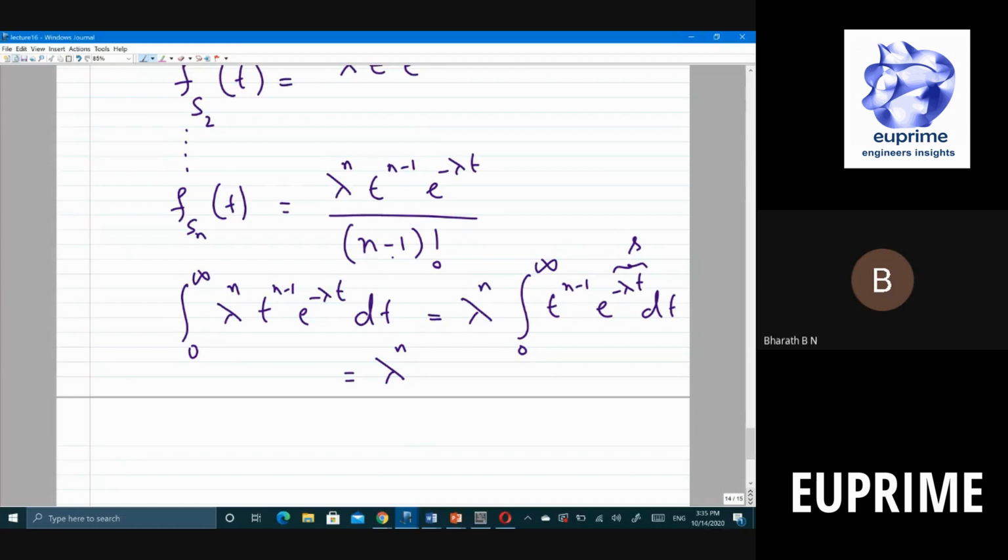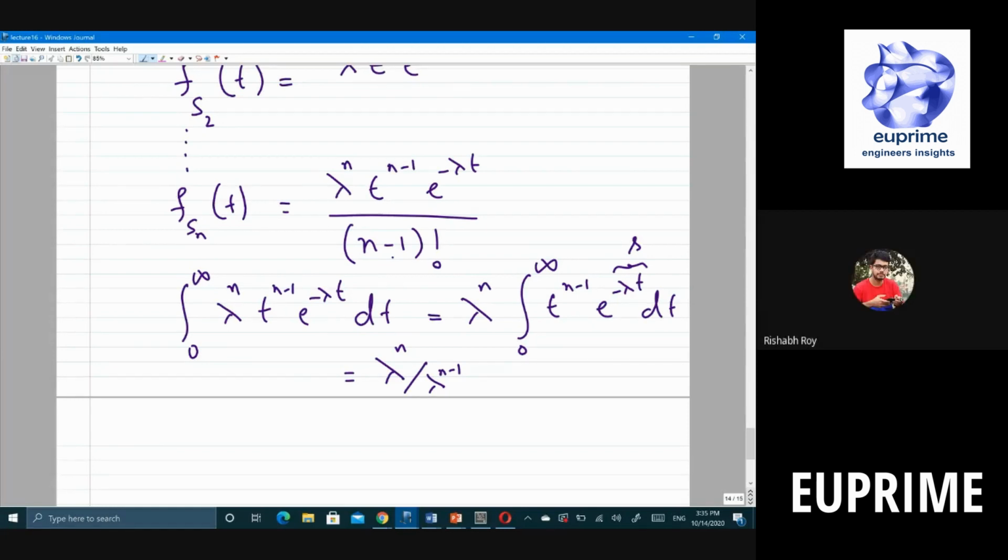You have t power n minus 1 e power minus lambda t. So if you put lambda t equal to s, then what will happen to t power n minus 1? It will be s power n minus 1 by lambda power n minus 1, right?